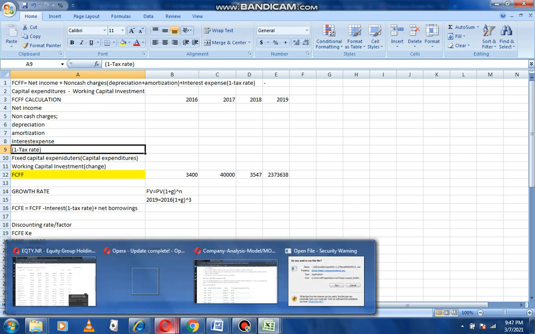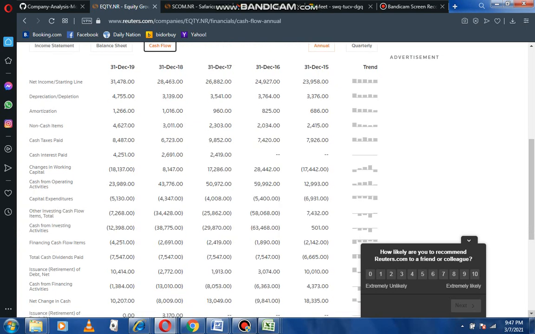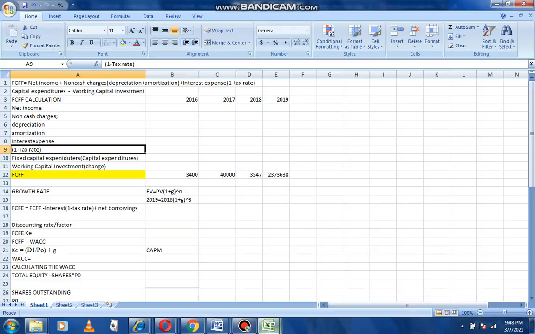So you go and look for the figure for working capital investment. Let me go down. Here it is, changes in working capital. You have been given all the figures here, so you just paste them on Excel.